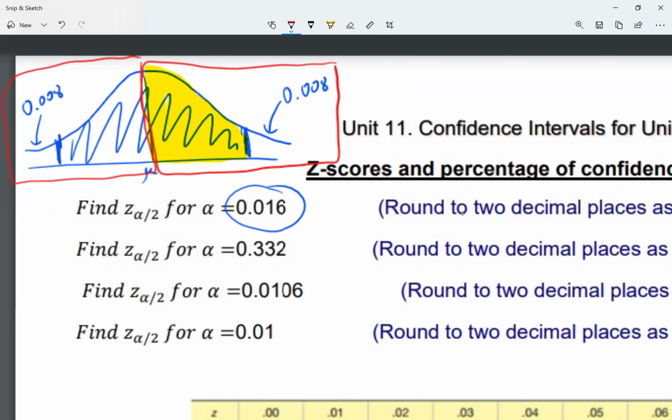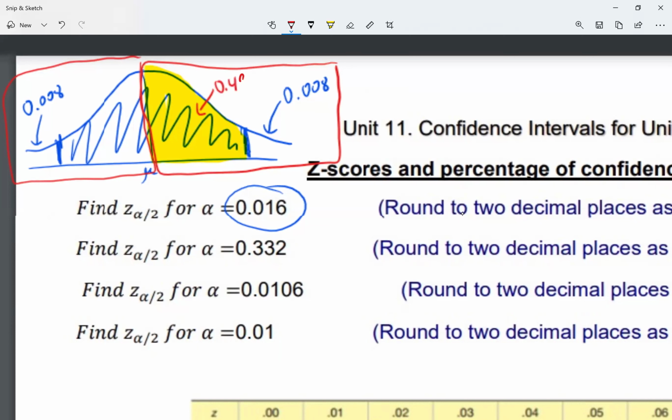So I'm going to say this highlighted yellow area is going to be 0.492. How did I get that? Well, this whole thing combined, the yellow area and this 0.008, is 0.5. So I just went 0.5 minus 0.008, and that's how I got this area.